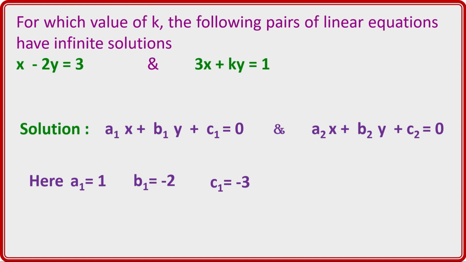Why minus 3? The equation is like this: x minus 2y minus 3 is equal to 0, and the second equation is 3x plus ky minus 1 is equal to 0. Hence a2 is equal to 3, b2 is equal to k, c2 is equal to minus 1.